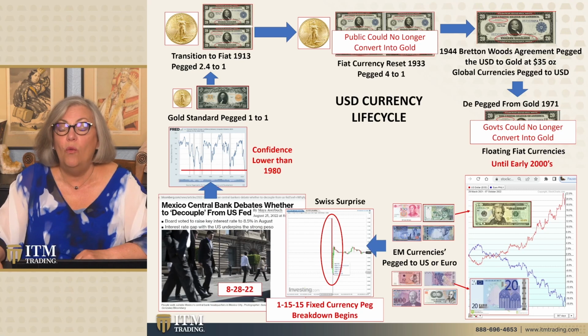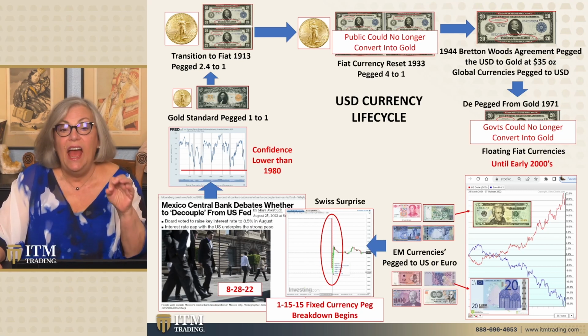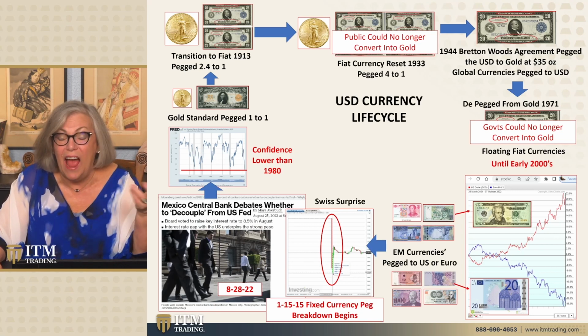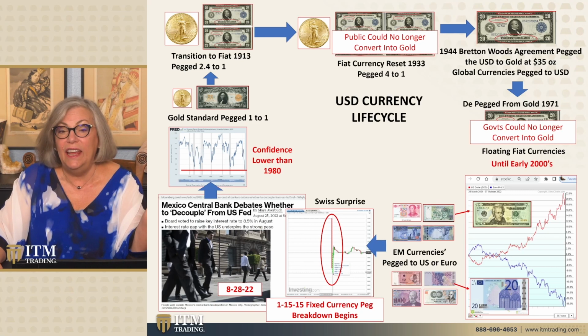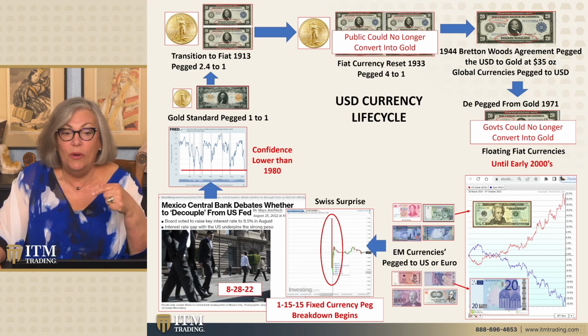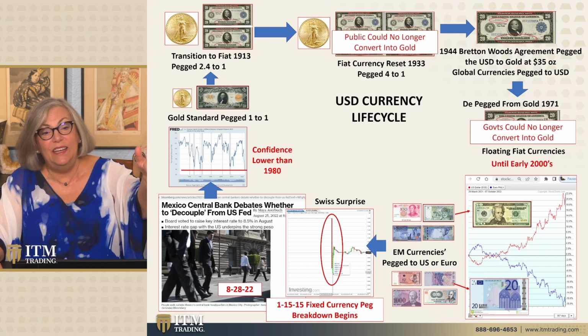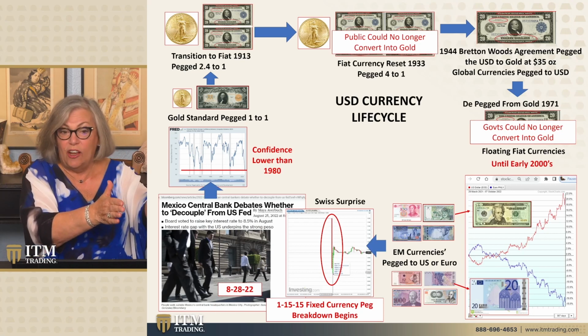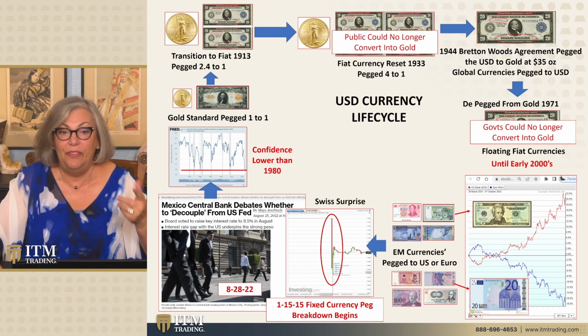And right now, we are actually sitting at the lowest consumer confidence level since they started tracking it, ever. 1980 was not even as low as this. So we are getting to that point. 1980 was the kickoff of the debt-based system. The 70s and 80s was the kickoff. Now we are at the end.